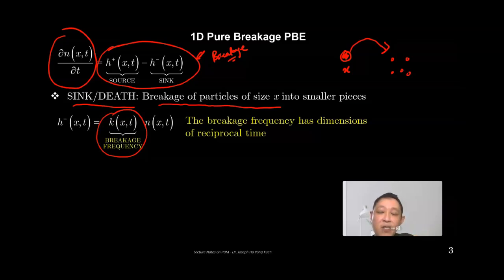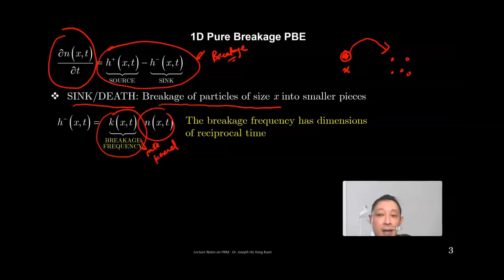We sometimes call it the rate kernel or the breakage frequency, just to describe how each size will break. Okay, so this sink term is the breakage frequency multiplied by the number density function, and the breakage frequency or the rate kernel, sometimes we call it the rate kernel, has dimensions of reciprocal of time.